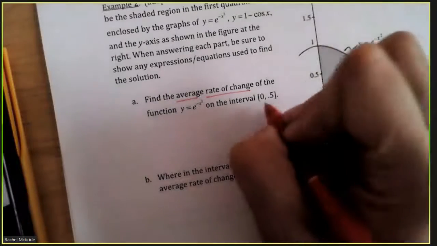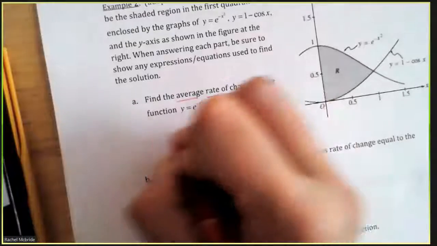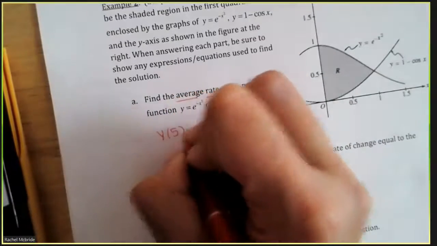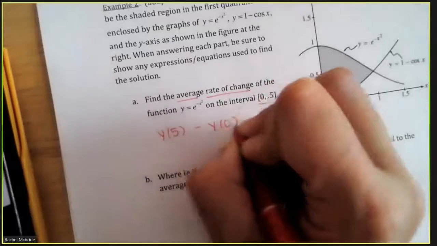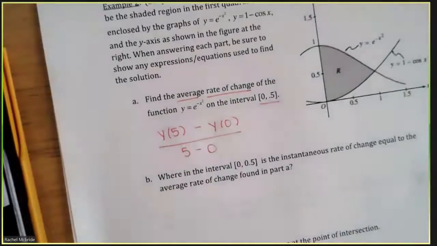So I already know my interval. So the average rate of change is going to be y of 5 minus y of 0 all over 5 minus 0 for that function.